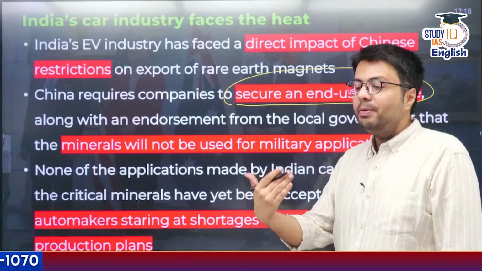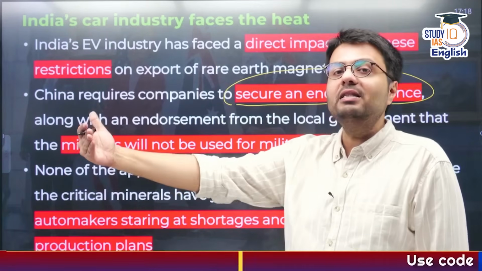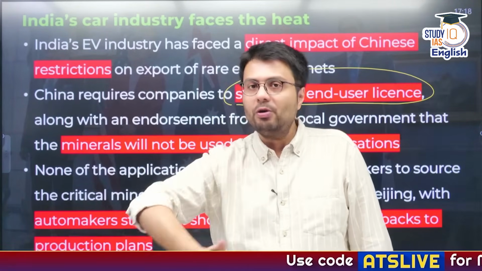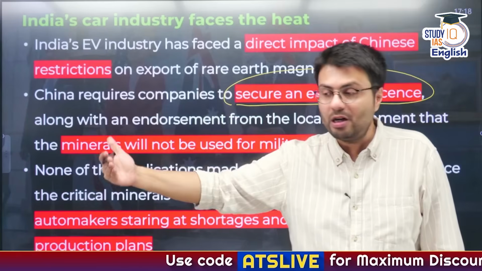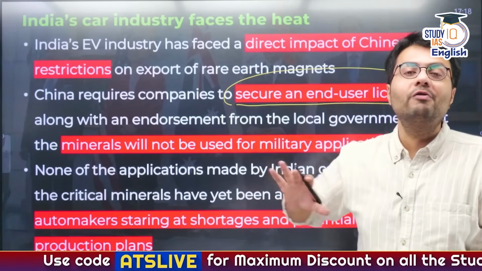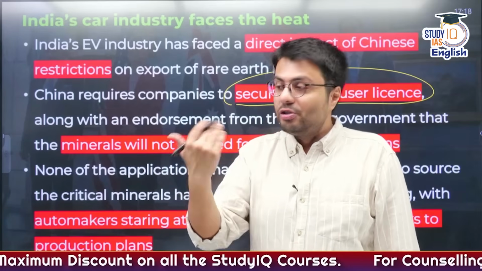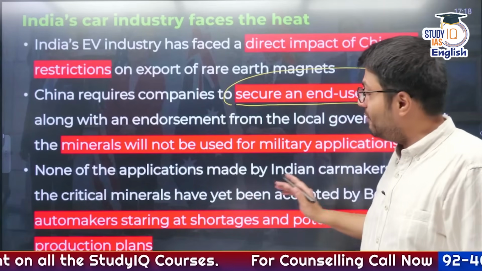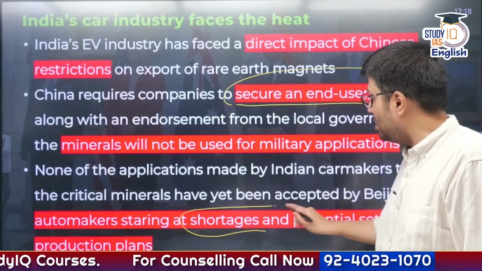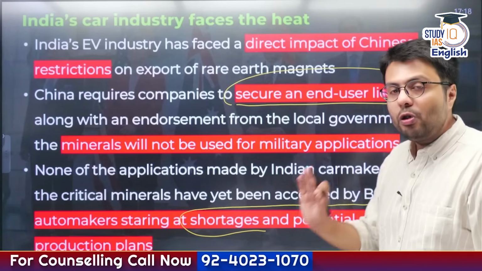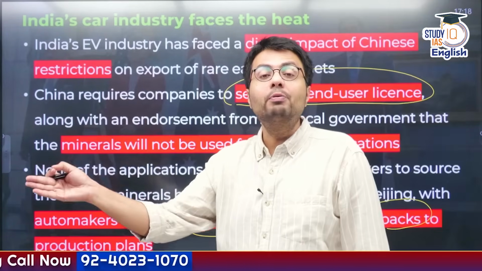Now many Indian companies filed an application to the Chinese government saying, please allow us to import these rare earth magnets and electric motors so that we can keep on manufacturing EVs. But China till today has not accepted those applications. So this meant that Indian automakers were staring at a shortage of these motors and rare earth magnets, which has also put a setback on their production timelines.